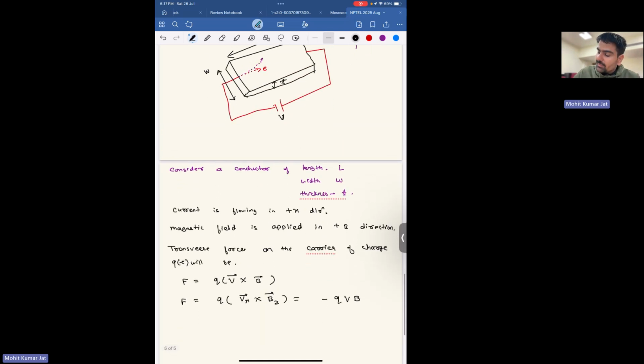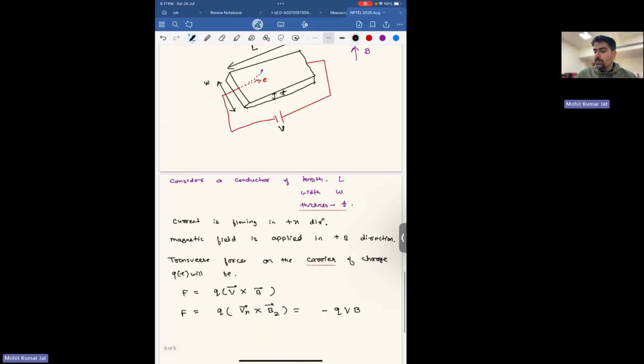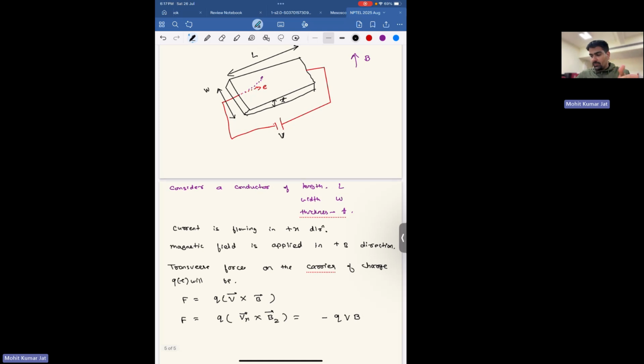So this is the force which will be there on the carriers, which will move them in the transverse direction.